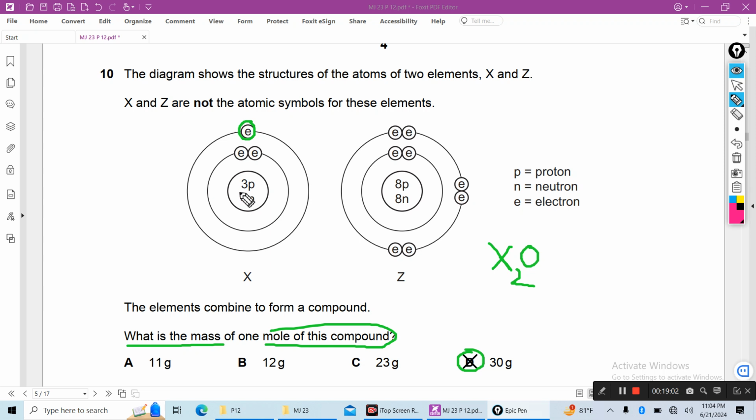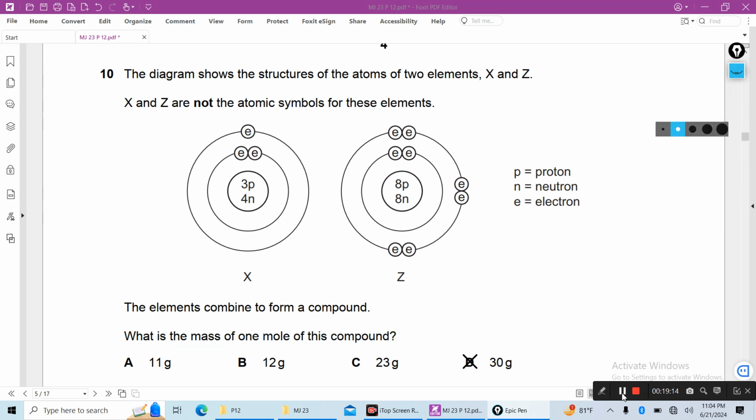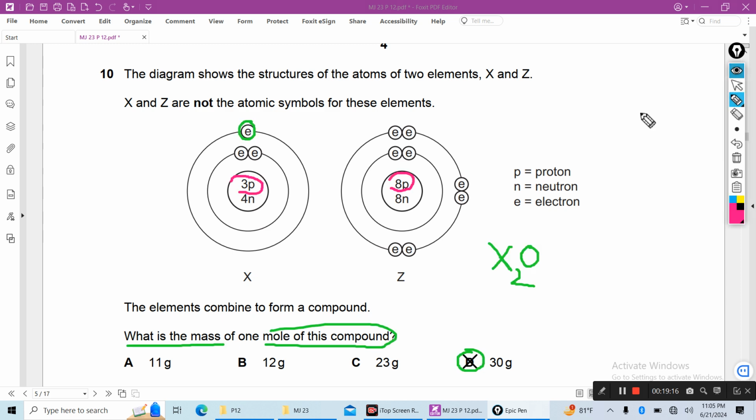Now you see, lithium has 3 protons, and here 8 protons. Here 3 protons and 4 neutrons, 7 total, mass number 7, and this has 8 protons and 8 neutrons, total mass number 16.